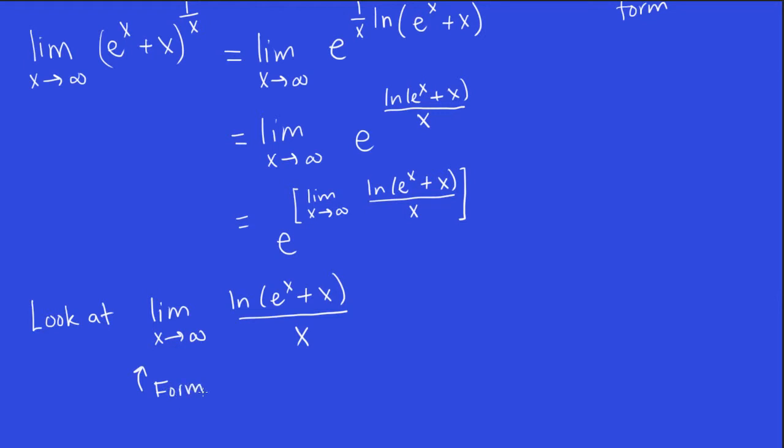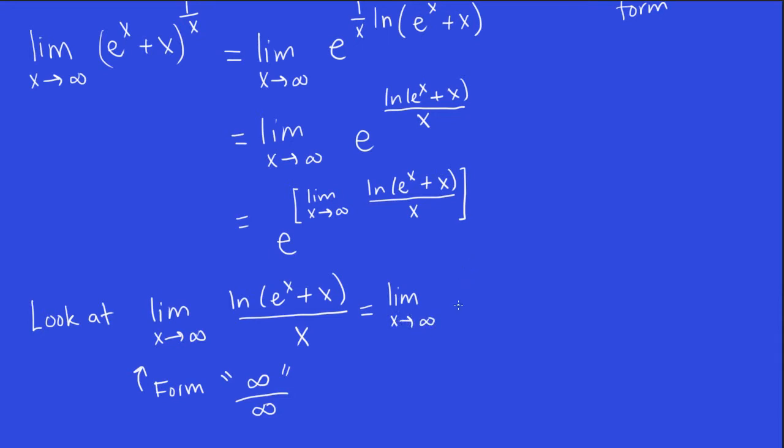Like we said, when x goes to infinity, e to the x plus x also goes to infinity. And ln of large positive numbers does give back a large positive number, right? So the top is going to infinity. And of course, the bottom is also going to infinity. So we have infinity over infinity, so we are allowed to use L'Hopital's rule.